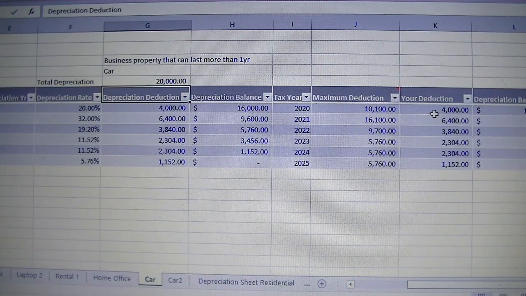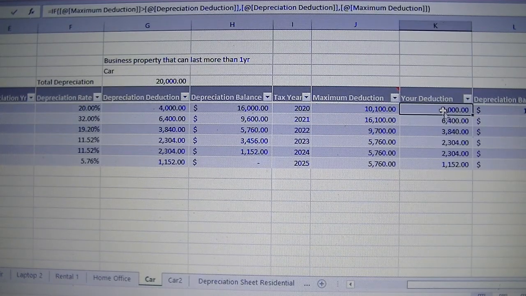So the spreadsheet is calculating it for us, and it turned out that our depreciation deduction is less than the maximum depreciation. So we are going to claim our depreciation deduction, not the maximum.